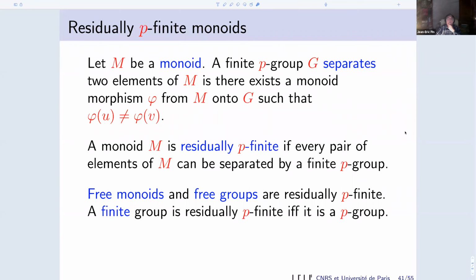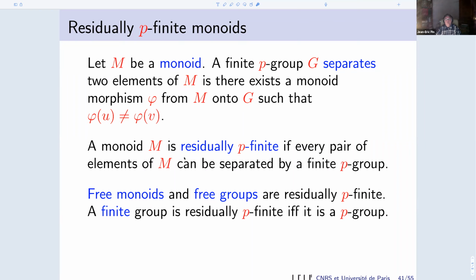You probably already know this definition, but just in case: you have a monoid M, and you say that a finite p-group G separates two elements u and v of M if you have a monoid morphism phi from M onto G such that phi of u is different from phi of v.